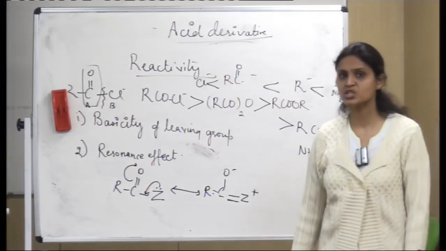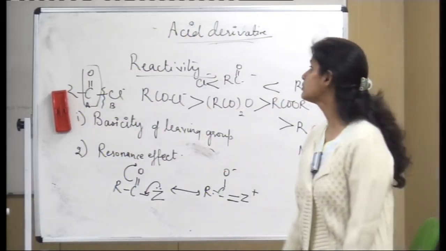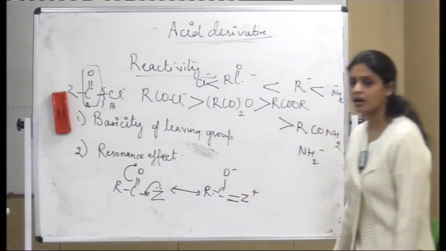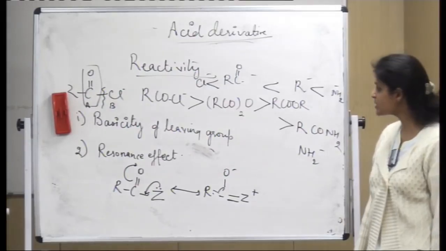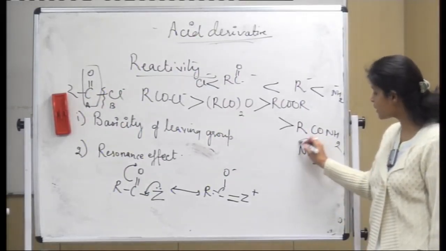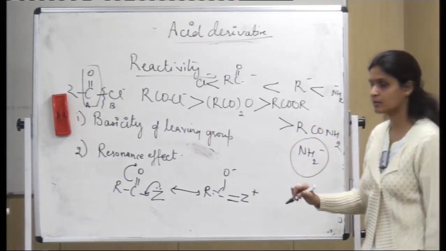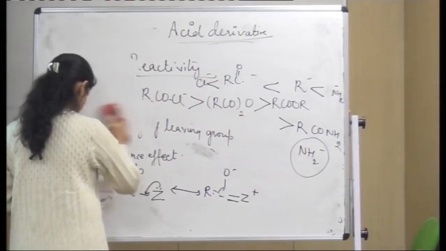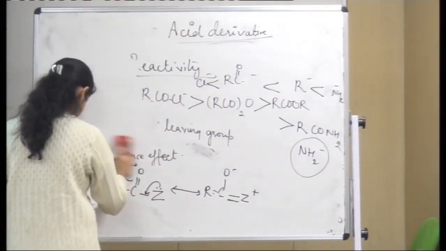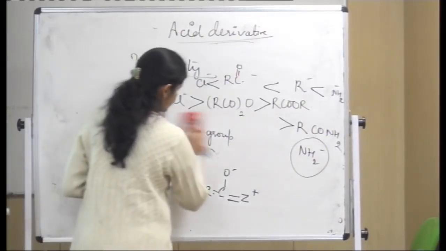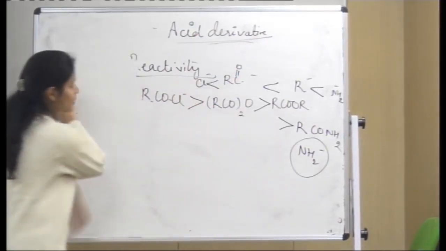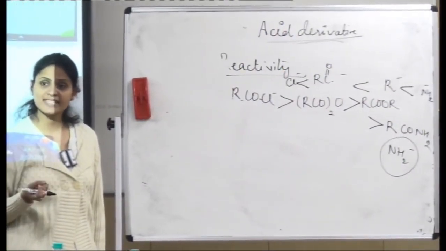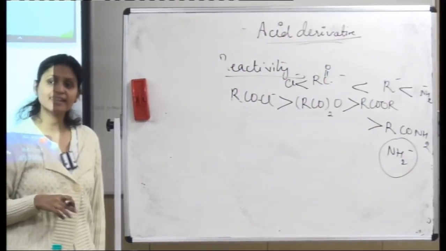On the basis of resonance structure, RCOOR. Why? It is resonance stabilized, and why not amino group? The more the stabilization of the resonating structure, the more is the reactivity of that acid derivative.